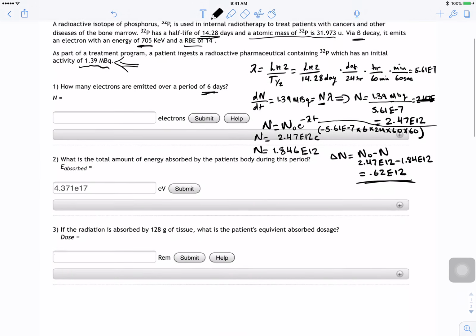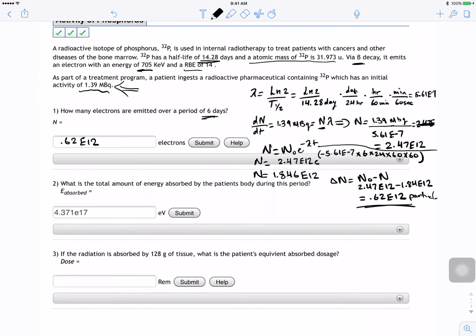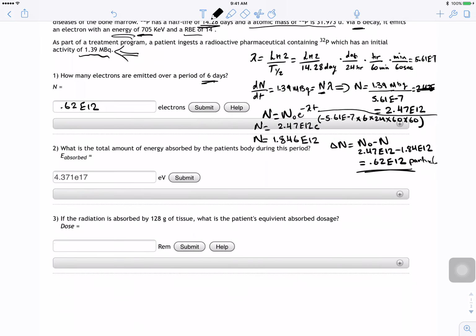So the particles lost, for every decay there is an electron going out as energy. So there were 0.62 e to the 12 particles that have decayed.